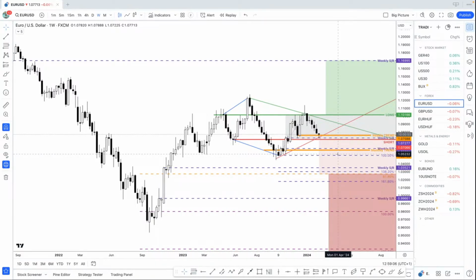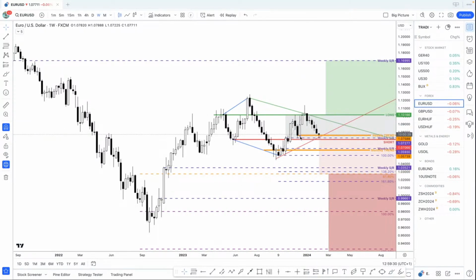So after last week's NFP data, I think a lot of traders thought that from now on the dollar will be strengthening and the Euro USD will go like this. But if we take a look at the weekly, we see two things.